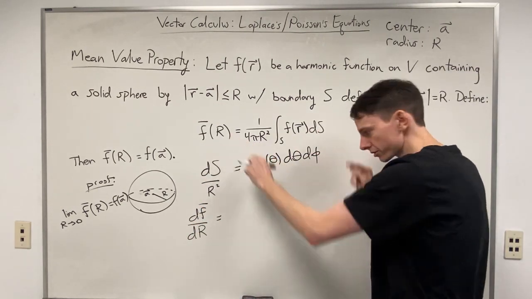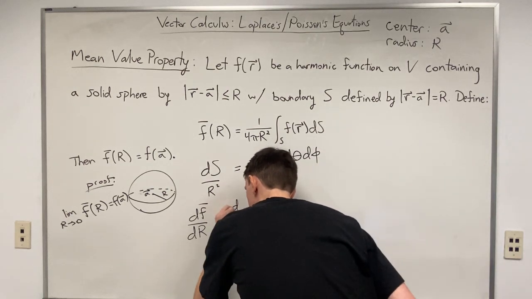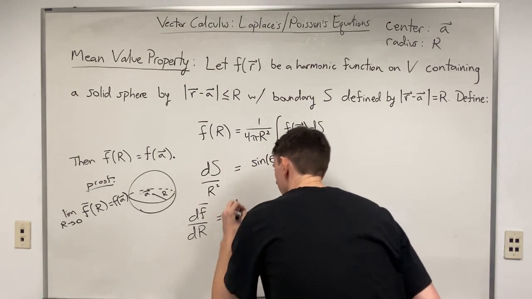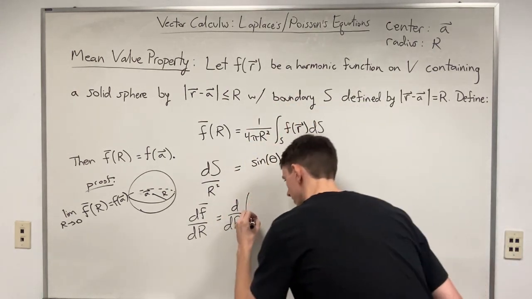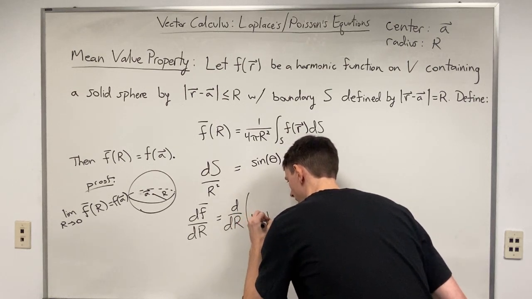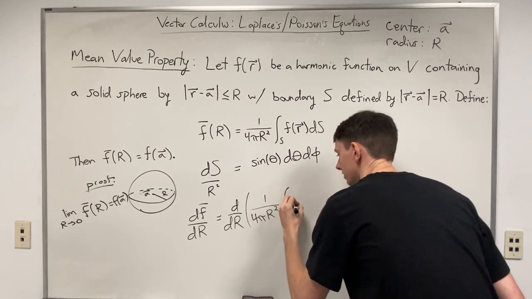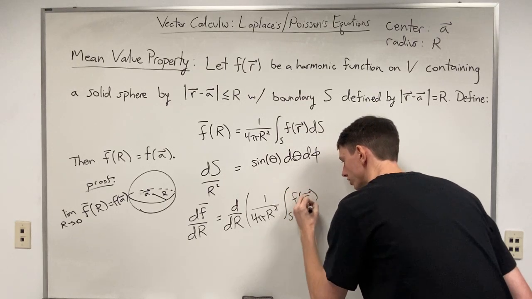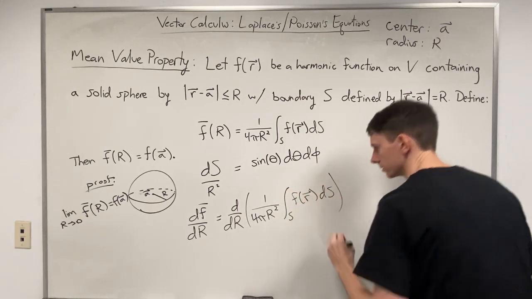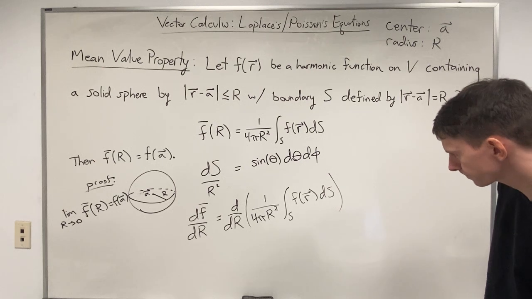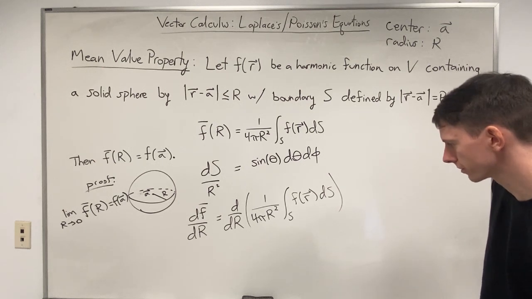We also need to differentiate the right-hand side. All right, so we need to take d/dr of this whole thing. So let me write this out here. We have 1 over 4 pi r squared, integral over S, then we have our harmonic function dS, like this. Okay. So this is what we're integrating over.